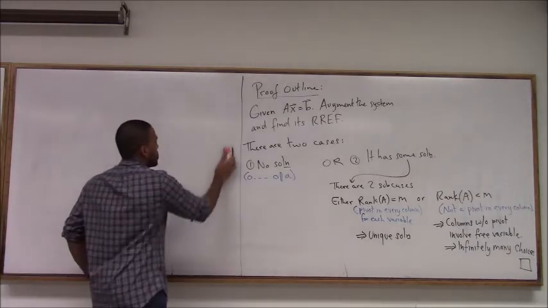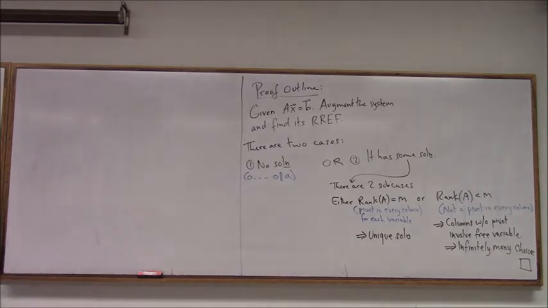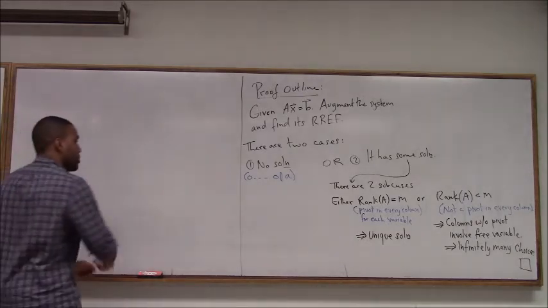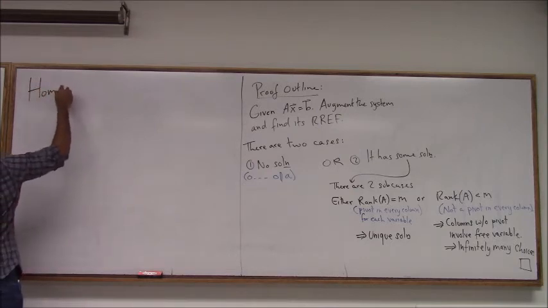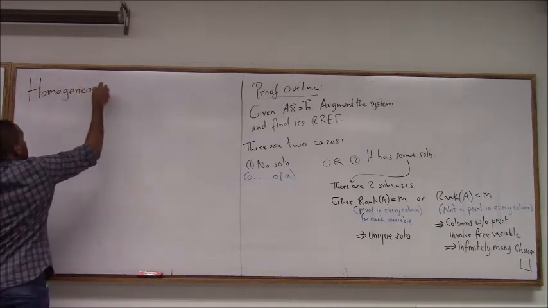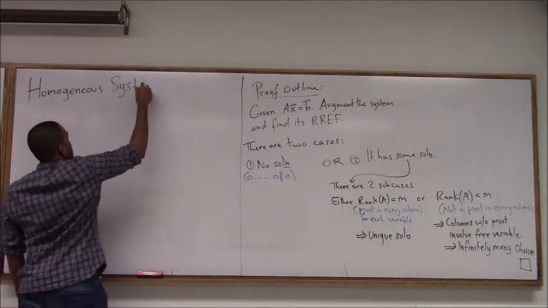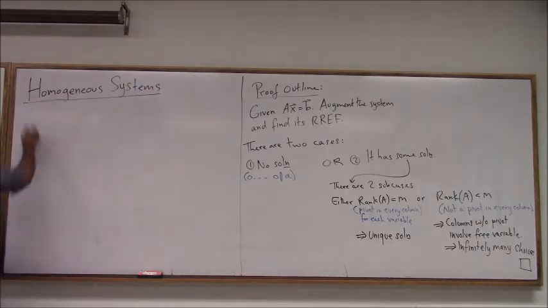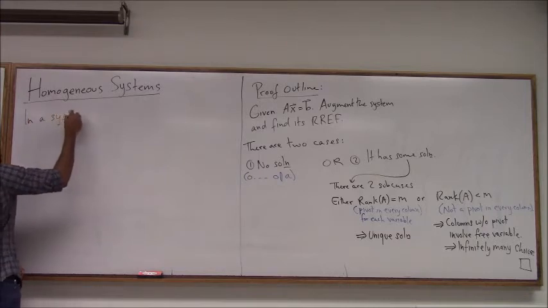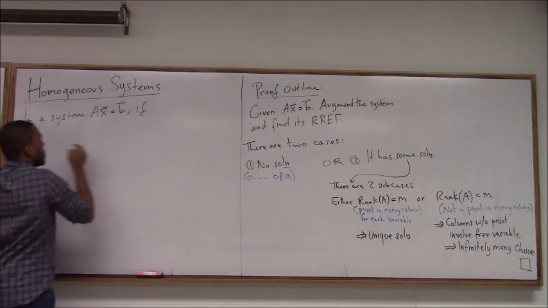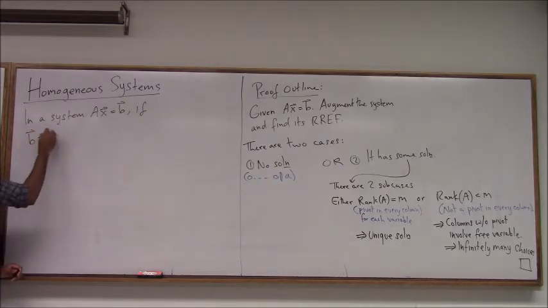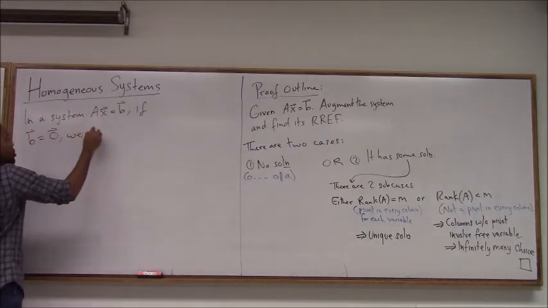Next, I want to talk about what we call a homogeneous system. Those are very important. So in a system AX equals B, if your B vector is the 0 vector, we call the system homogeneous.